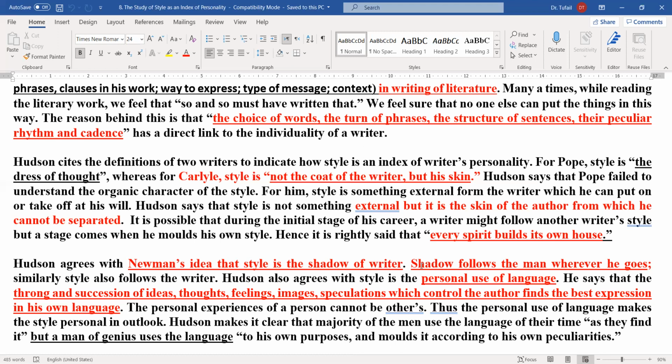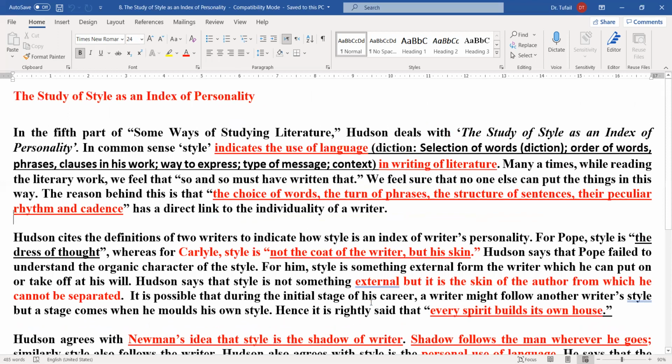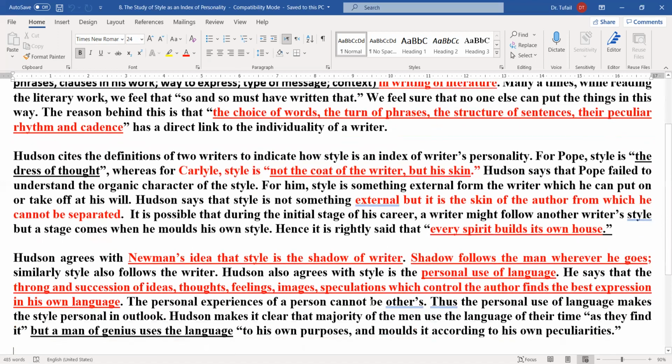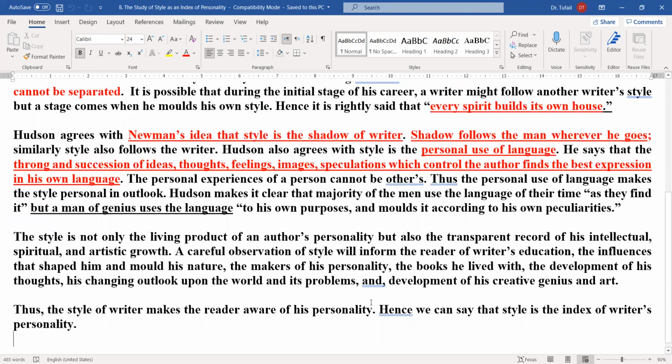And Hudson makes it clear that the majority of men use the language of their time as they find it, but a man of genius uses the language for his own purpose, and molds it according to his own peculiarities. So the majority of people simply use the language of a time, and they use it accordingly. But great writers have this quality: they mold this language.